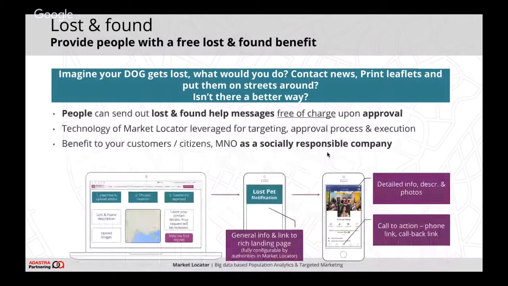Again, people could access a certain portal of yours free of charge, where they could deliver messages to a certain area, add information about the missing pet, and send out messages to people in that given area. And this would be your form of providing corporate social responsibility in a way that only you as a telco provider could be doing.